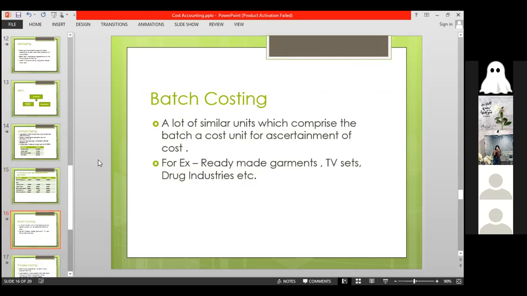Batch costing. Batch costing is used when a number of similar units are made, but they are made in batches. As I said, like medicine companies, they have batches. They have to affix an expiration date on every product. So at the end of the day, the batch is closed and the expiration date is changed to the next day when the next batch is produced.